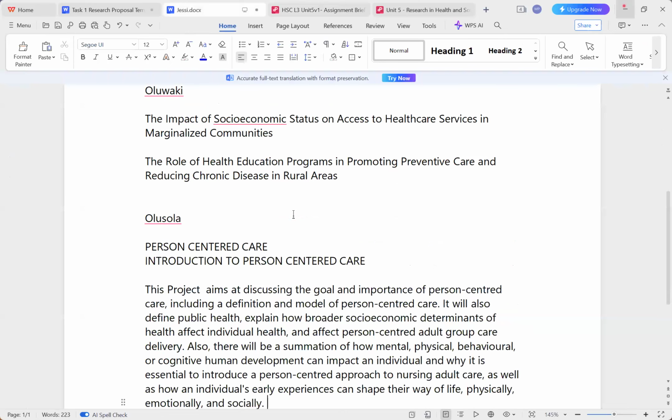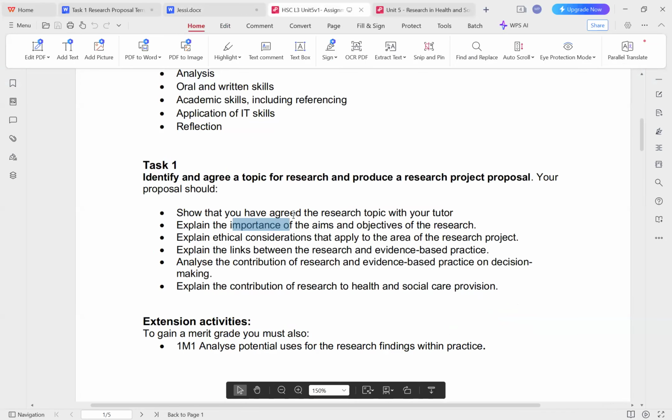Yeah, so an aim is a broader term, okay? And an objective is not very broad, okay? So in an aim, it's got to do a lot more compared to just your objectives. And your objectives could be 2, it could be 3, it could be 4, depending upon how deep you want to go.